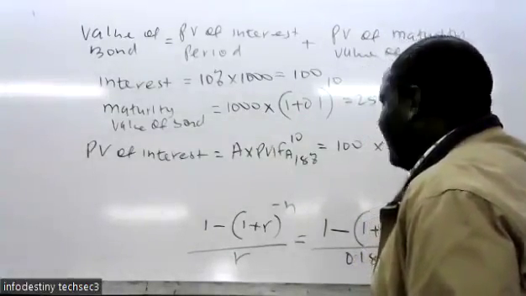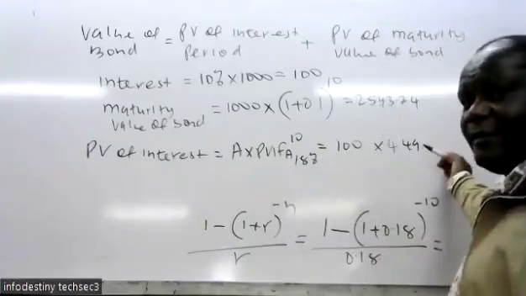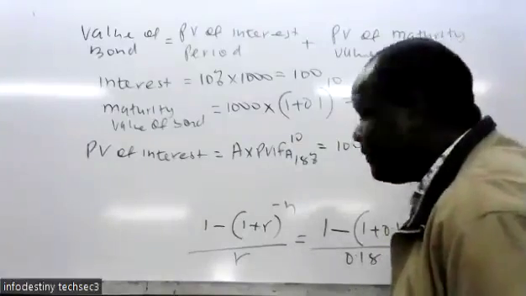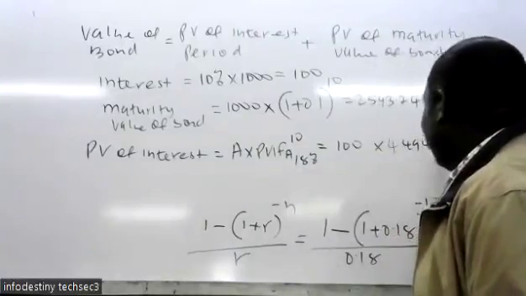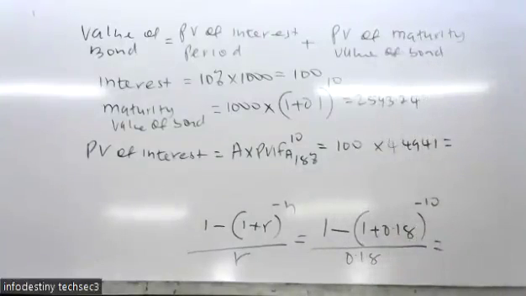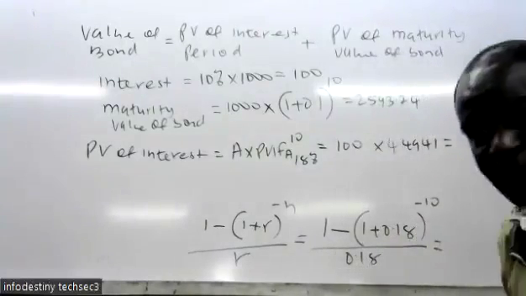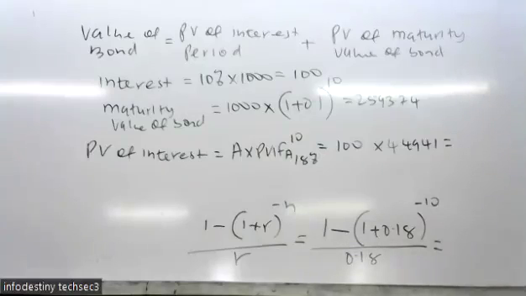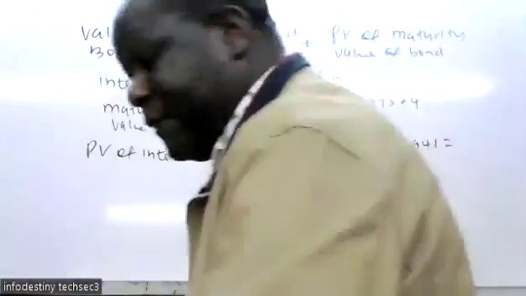0.49. Four nine four one like that. 4.494. So that is now for that.